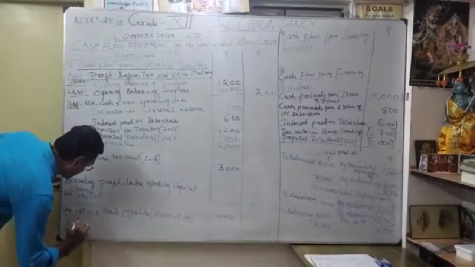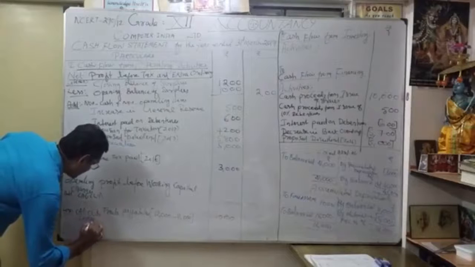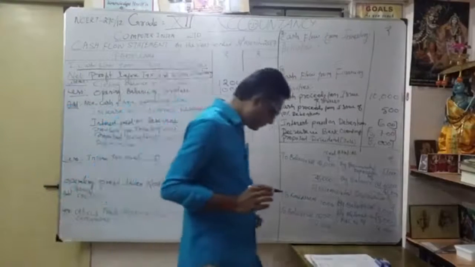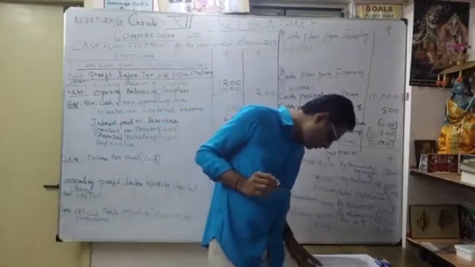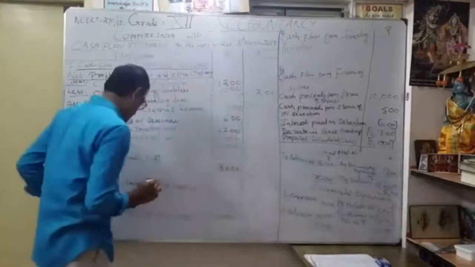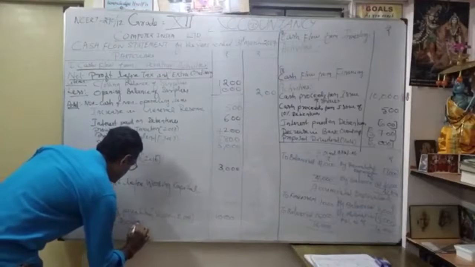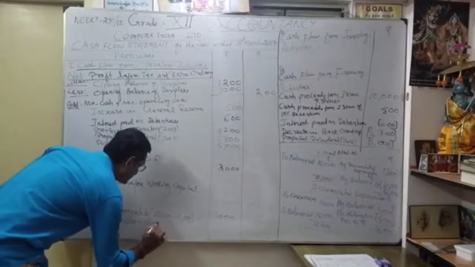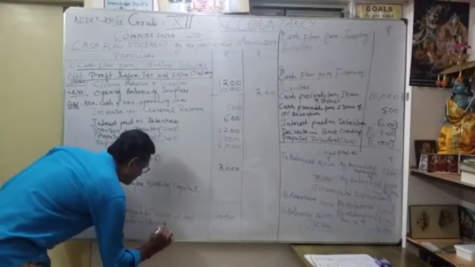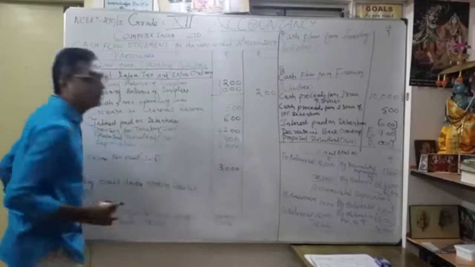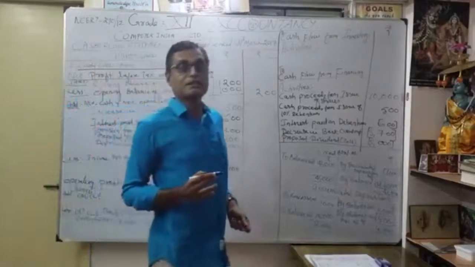So here inventories, and in the bracket you write how much. 30,000 become 35,000. So what you will get? 5,000. That's our increase in inventories under current assets.